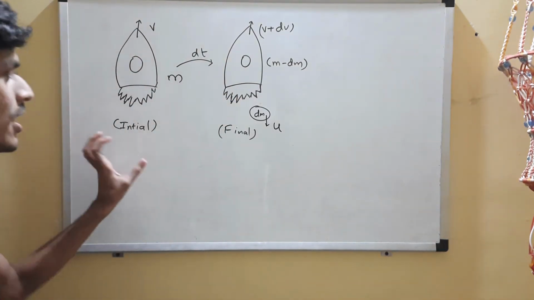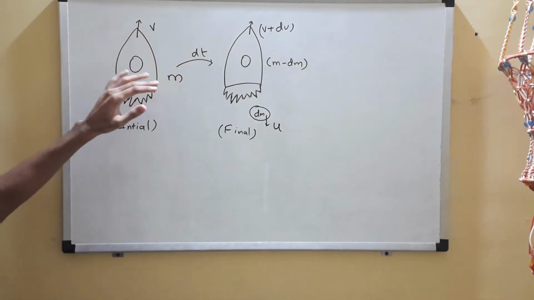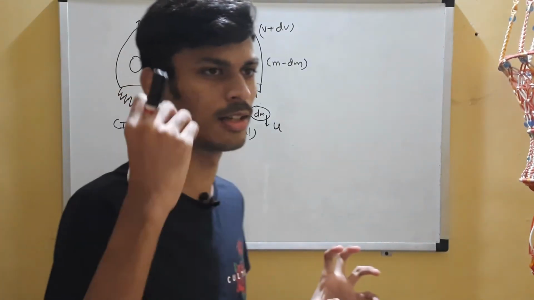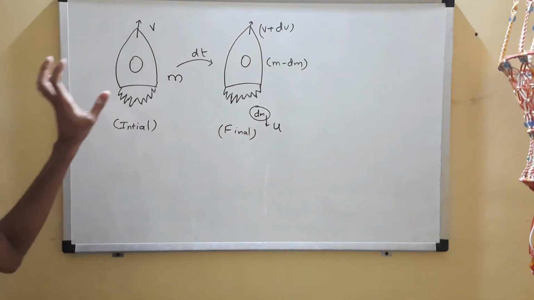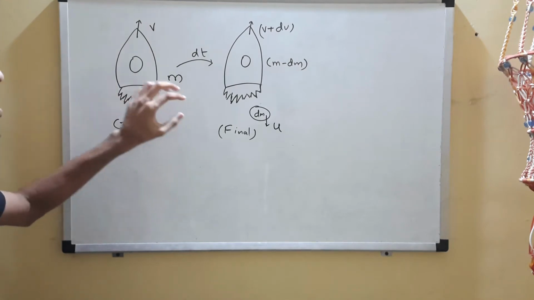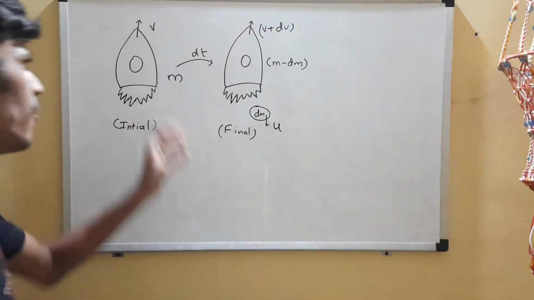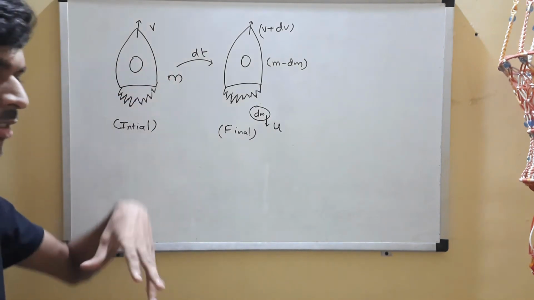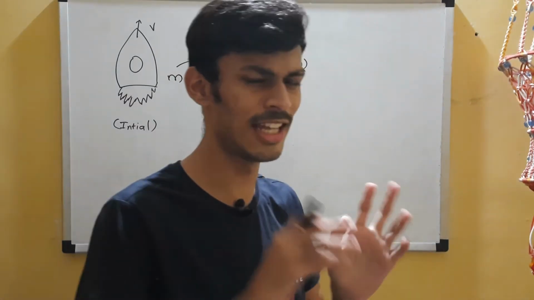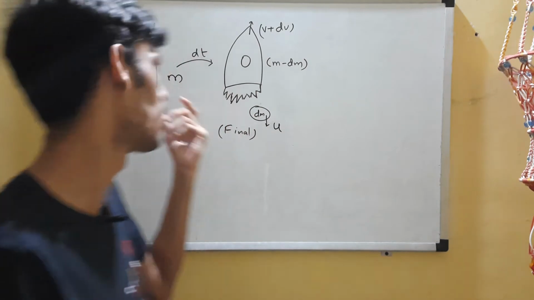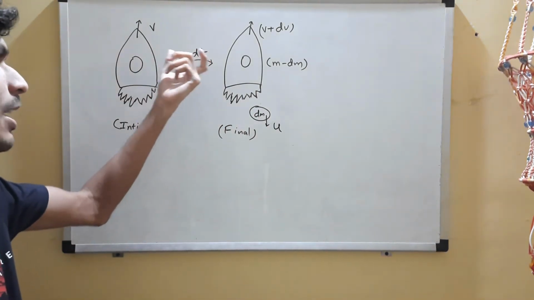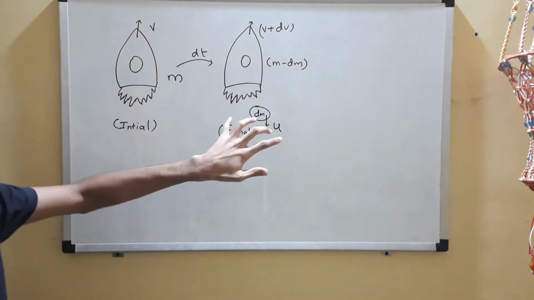You can see initially we have a rocket which has a total mass m, including the mass of the fuel. The total mass of the rocket along with that of the fuel is m, and it is moving with a velocity v. After a small interval of time dt, now mind you, dt is a very tiny interval of time, the rocket has burned dm amount of fuel.